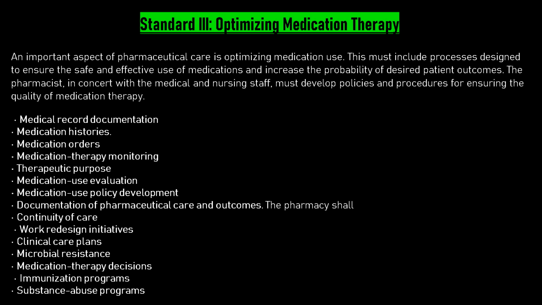Like that, the clinical care plan is the next one. Pharmacists must be involved in the development of clinical care plans involving medication therapy and microbial resistance. Sometimes these problems occur, so policies and procedures addressing microbial resistance to anti-infectives, like antibiotics, shall exist.